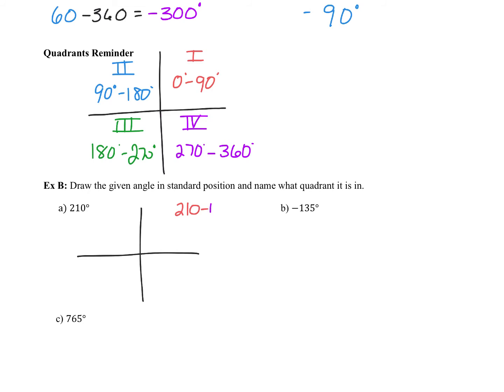I'm going to do 210 subtract 180, and that's 30 degrees, right? So I'm going to go 30 degrees beyond 180. And I'm approximating, right? We're not getting super technical about it. And I'm showing that from there to there, that's my 210.